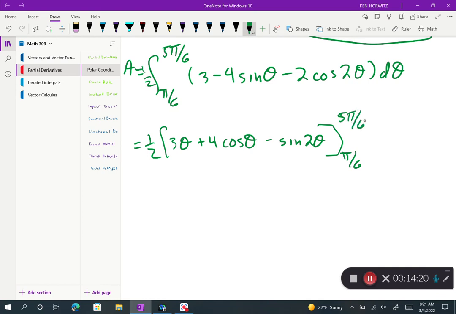And when you run your first fundamental theorem of calculus, I got 1/2 times 2 pi minus 3 radical 3, and this equals the area of the small circle.